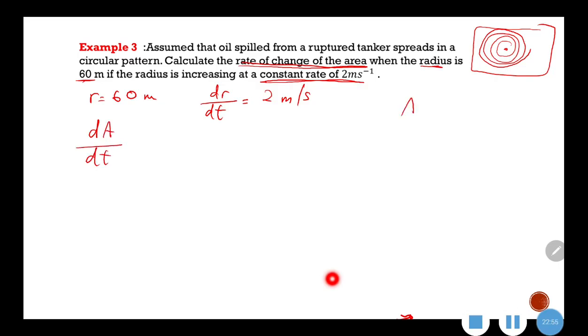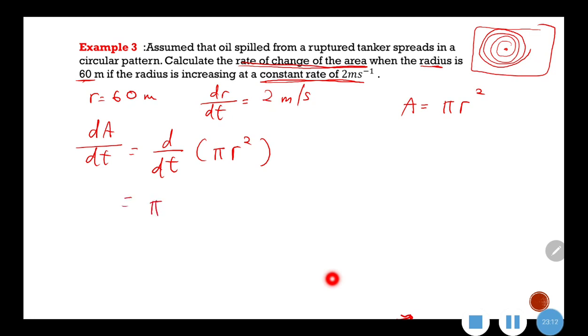We know that A is equal to pi r squared, right? So this can also be represented as d dt of pi r squared.